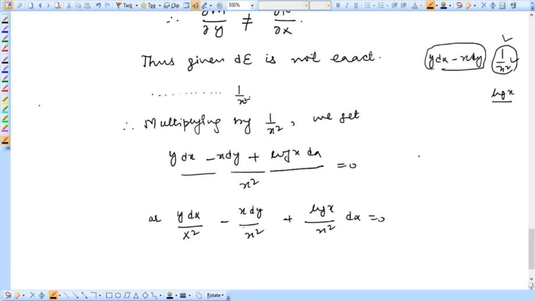Now clubbing all those terms which end with dx, we get (y over x square plus log x over x square) dx minus x over x square dy is equal to 0.